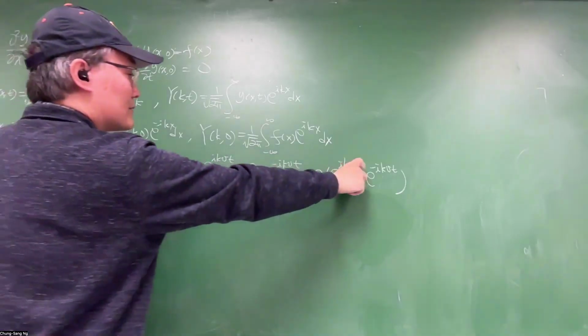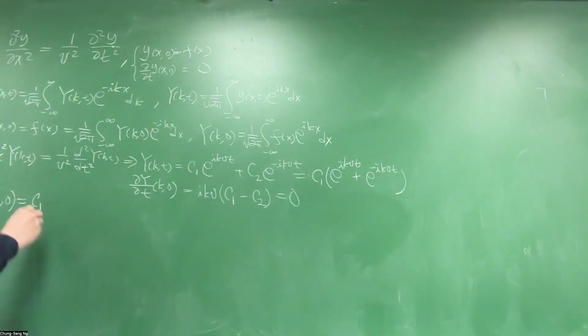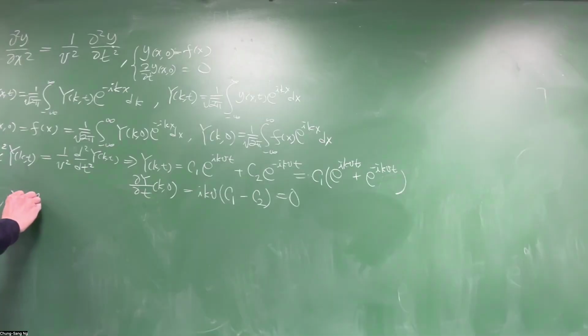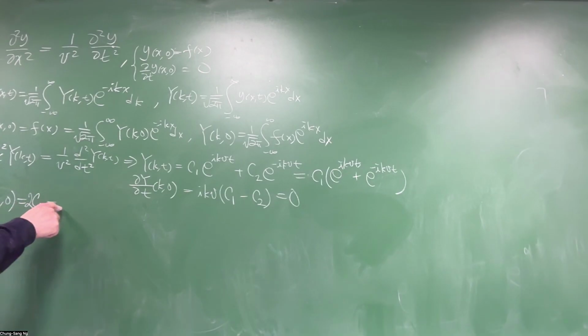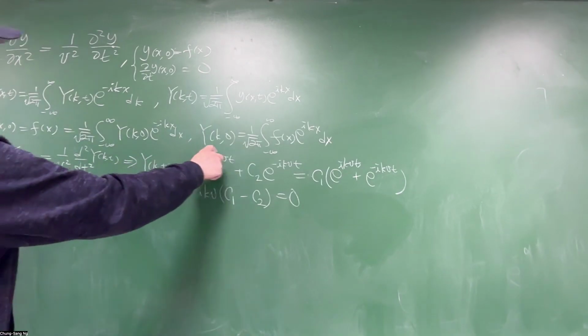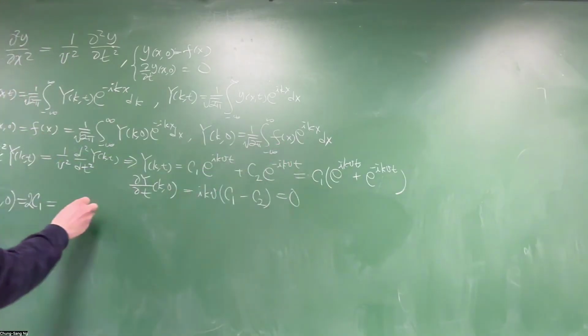You evaluate at 0, this is 1, this is C sub 1. Just two constants equals this one.